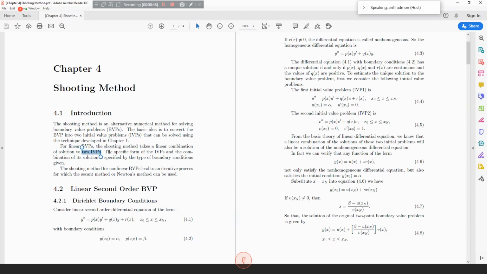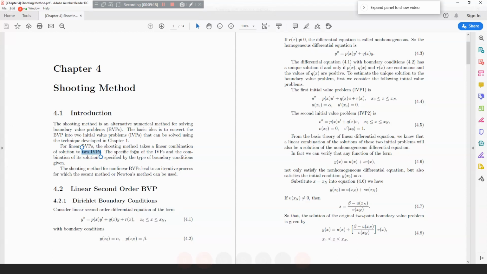You have your boundary value problem and then you introduce 2 new IVPs, IVP1 and IVP2. Each IVP brings its own equation, but basically that equation refers to your original boundary value problem. Later I will talk about this in detail.